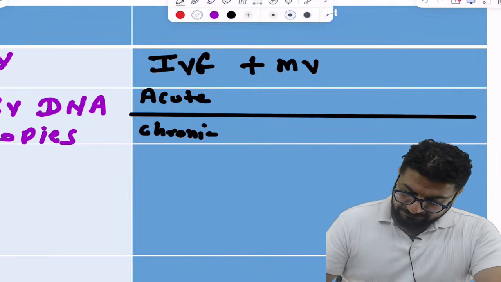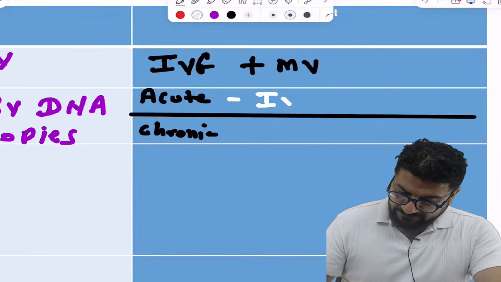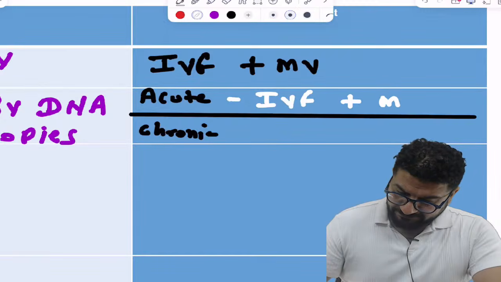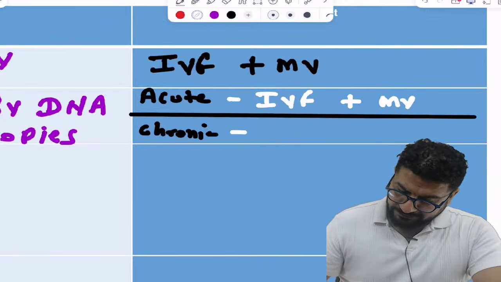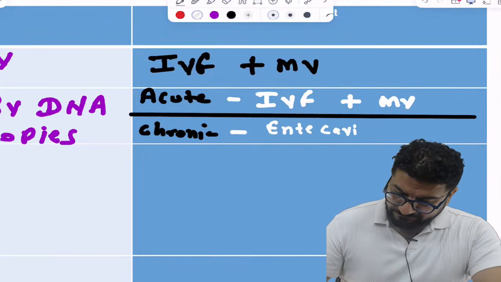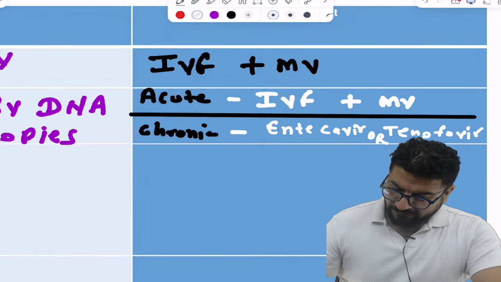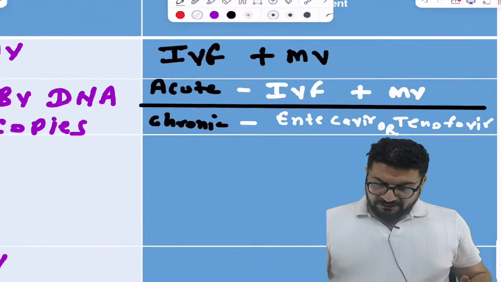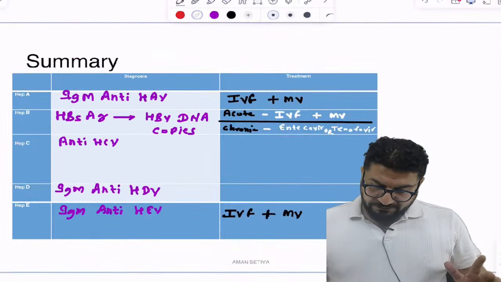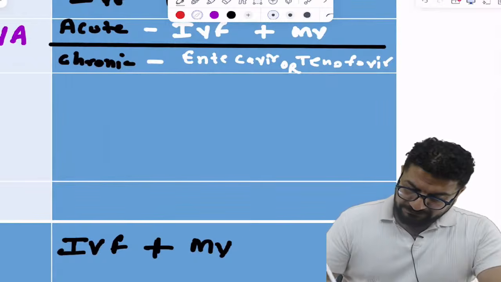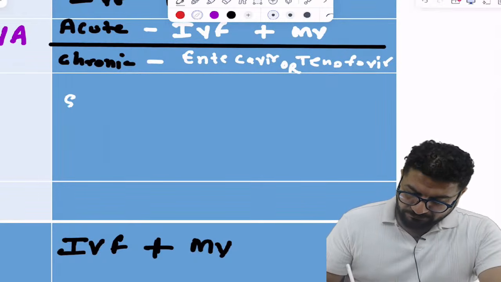So understand this thing, B अगर acute है, then we give the same, IV fluid plus multivitamin. But in case of chronic, we start a drug, and which drug we start? We start entecavir or tenofovir. Entecavir or any one of these, not both. Okay, coming to C. So C is always chronic. So in C what we use? In C we use a drug. This drug is called sofosbuvir.